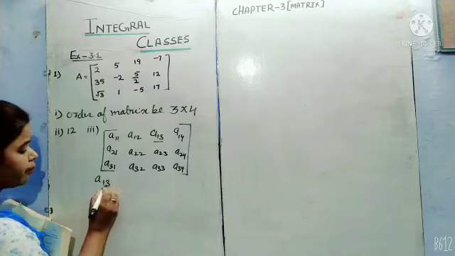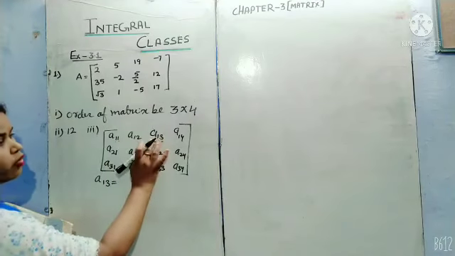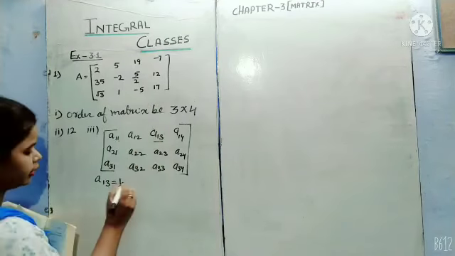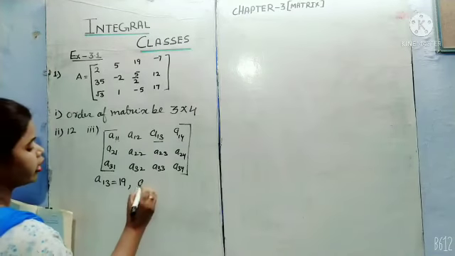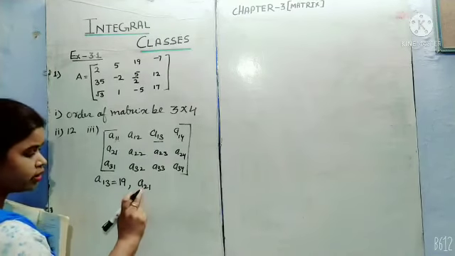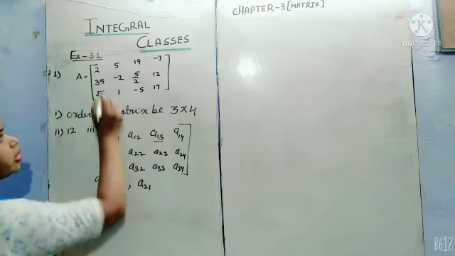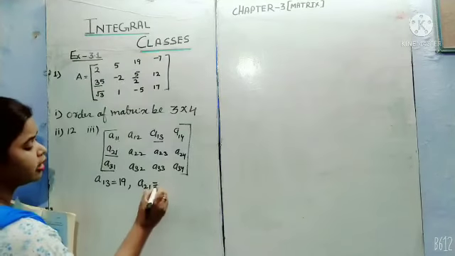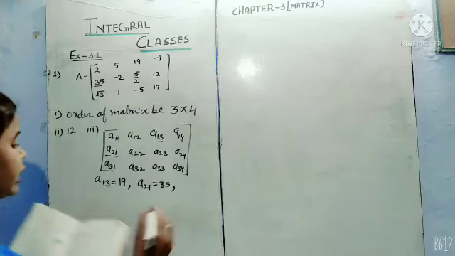If we compare both matrices, the value of A13 is 19. Second, the value of A21. What is the meaning of A21? Second row, first column. It is 35.